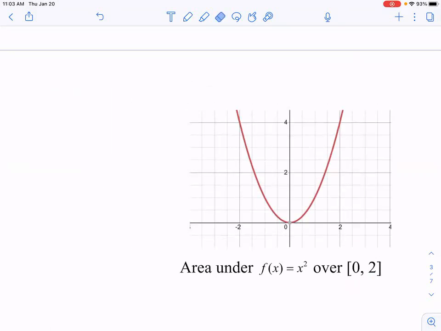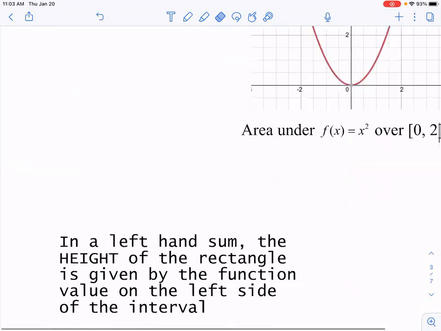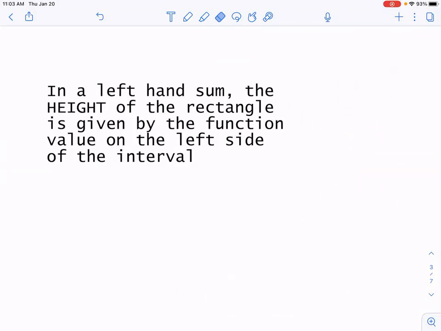And I'm going to tell you let's do 4 rectangles. So if n is 4, then we're going to find delta x by taking b minus a over n.